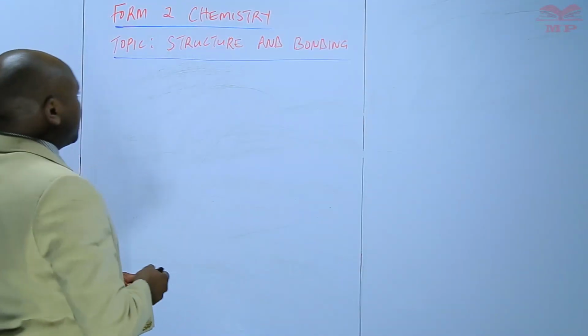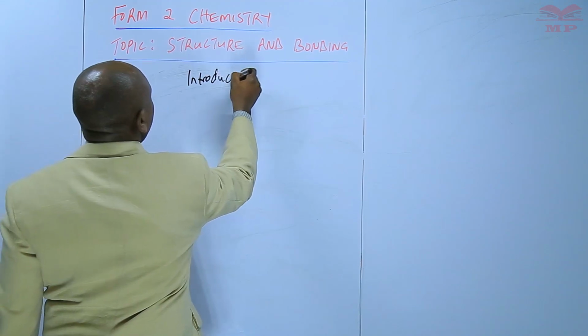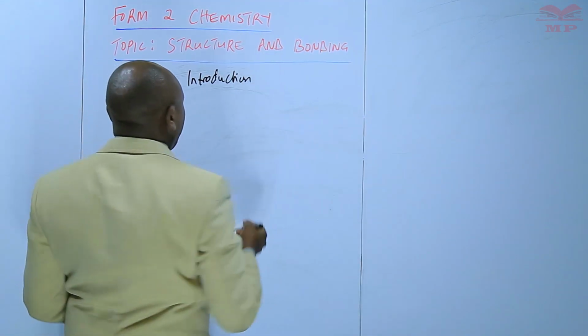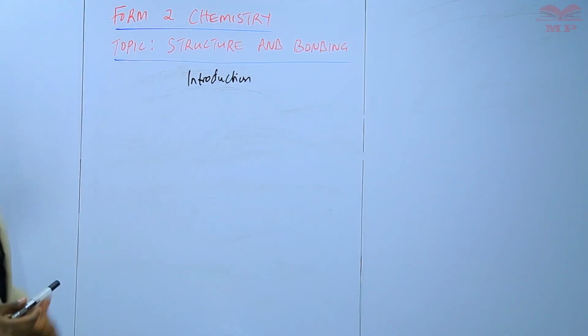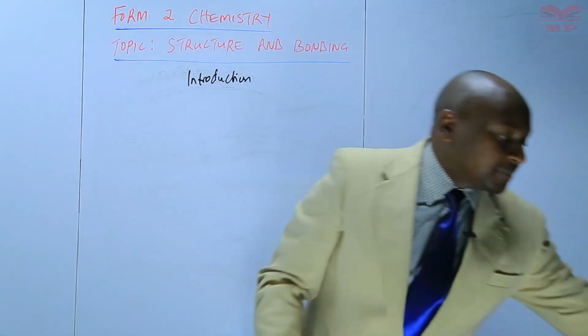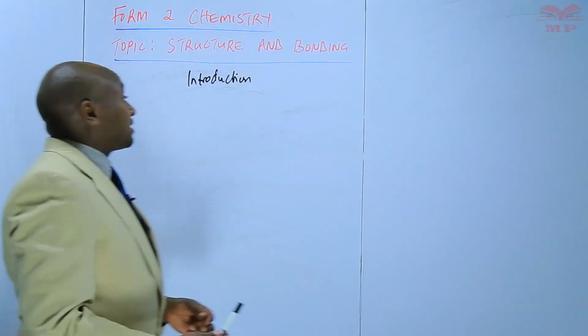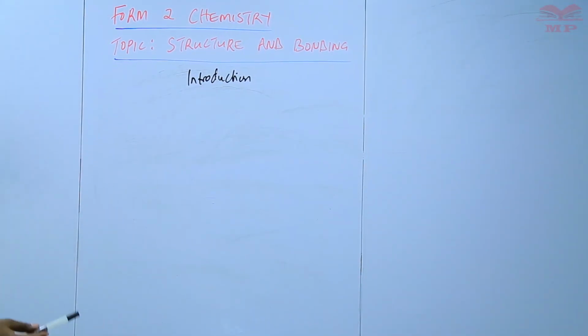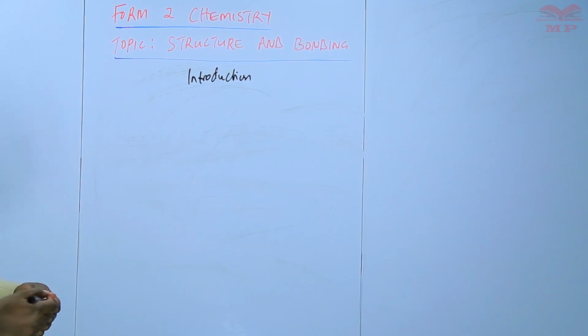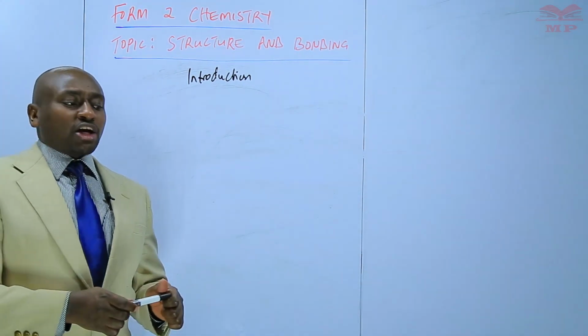So we are going to get into the introduction to structure and bonding. And the first thing that we shall start by explaining is that a bond is a force of attraction.